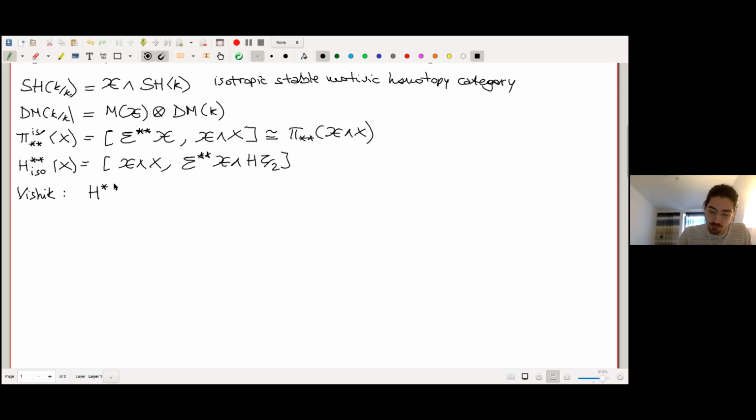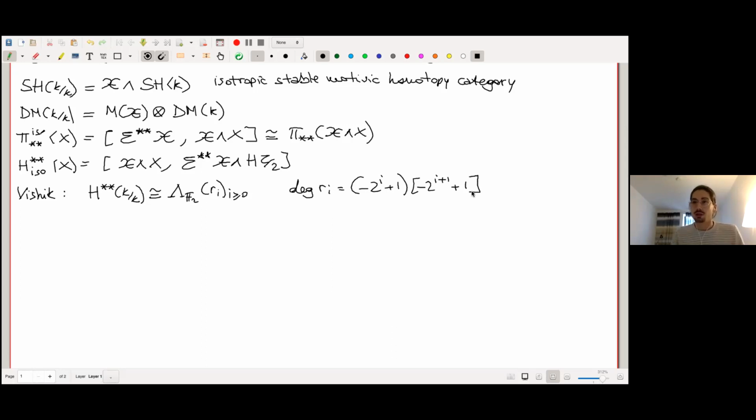I will denote this isotropic motivic homology of the point in this way, and it's isomorphic to the exterior algebra over F2 generated by some elements R_i, and these generators are in bidegree (-2^(i+1)+1, -2^i+1). Essentially these generators are determined by the action of the Milnor operations on them. We have this relation, where these Q_i are Milnor operations.